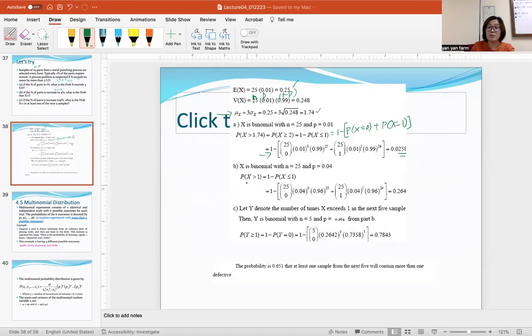I would say 1 minus P(X smaller than or equal to 1). In this part it is the same thing, because 1 minus P(X=0) plus P(X=1).